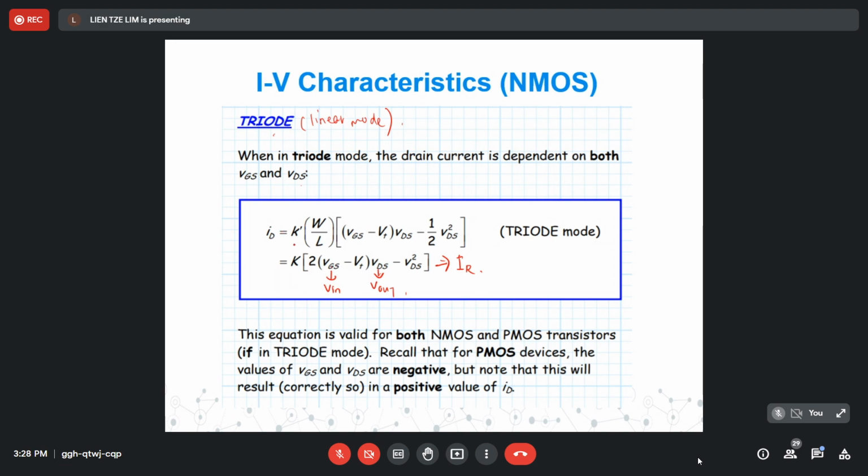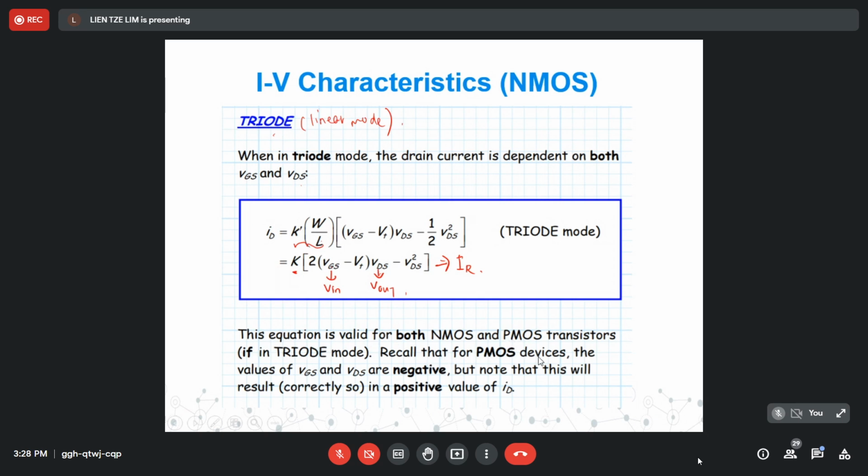This one also again, K prime multiplied by width over length, is K. This equation is valid for both NMOS and PMOS transistors, if both are in triode mode.